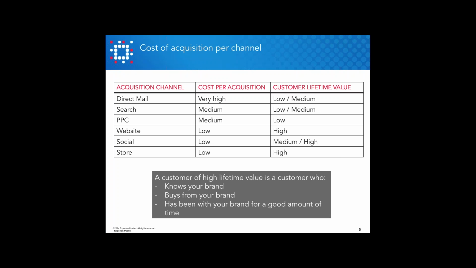If we take a look at your website, on the other hand, making any amends to this will not be very expensive for you, and you can trust that the people on your site will have an interest in your brand. This means that they are a much better value.